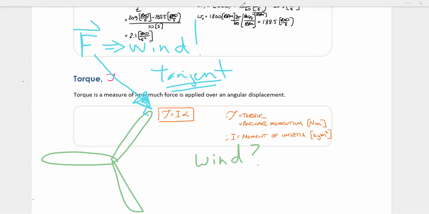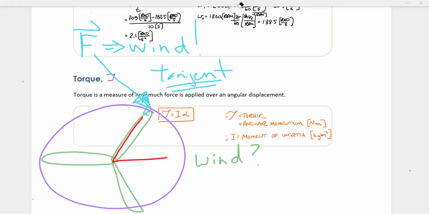Now, I'm going to simplify my wind turbine, and I'm going to assume it's a disc. All right, now my force coming in from the wind, which is variable, has to turn this rotating disc, and it's going to rotate just like my wrench did.